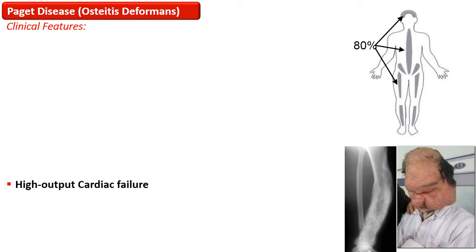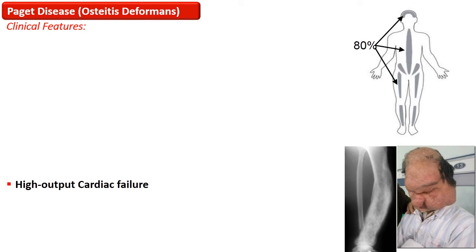Neurological symptoms are also associated with Paget's disease, and one phenomenon is termed Pagetic steal. The Pagetic steal is a condition of lightheadedness, and it is due to shunting of blood from the internal carotid artery system to the bone.